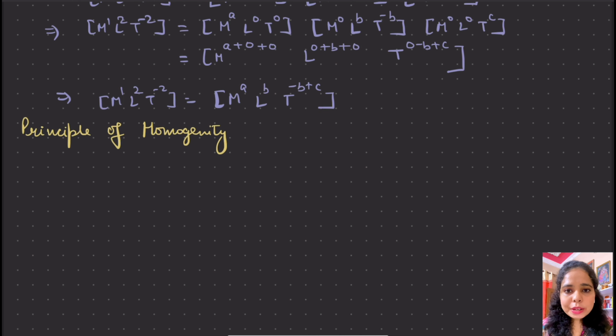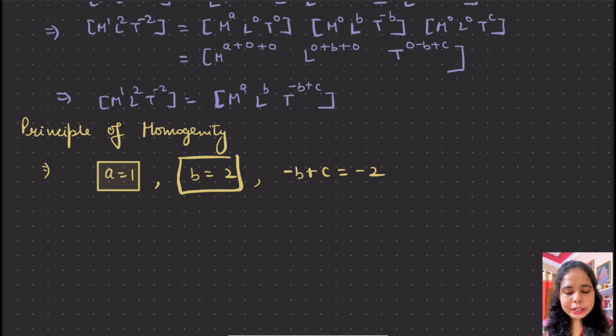So according to the principle of homogeneity, the powers of the same physical quantities are the same. That is, we have a is equal to 1, b is equal to 2, and for T, minus b plus c is equal to minus 2. That is, the powers of T are the same on both sides of the equation. So a is equal to 1, we have already determined the value. We have already determined the value of b, which is equal to 2.